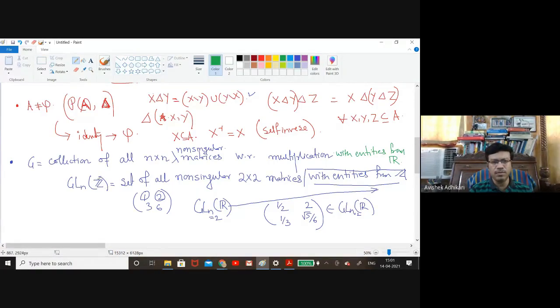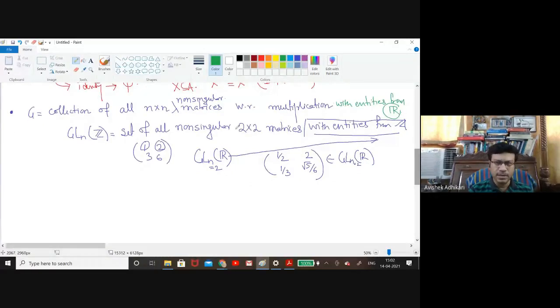What is the problem if you choose the entries from Z? What would be the problem? Can you tell me? You have chosen from R. Why not from Z? If you could have chosen it from Z, then what would be the problem? Yes, you are right, R is fine.